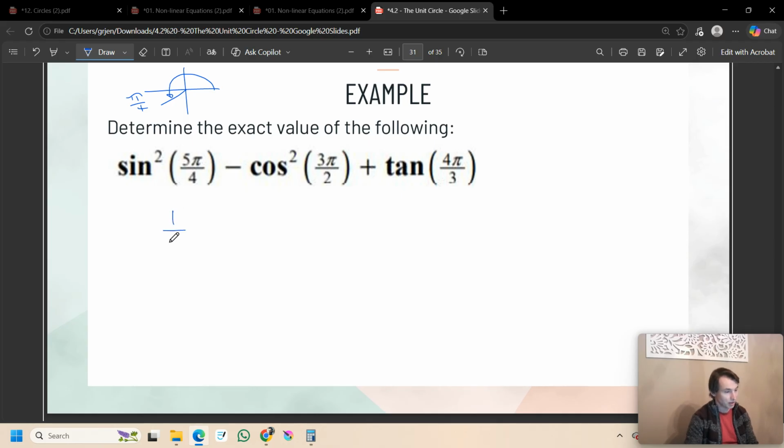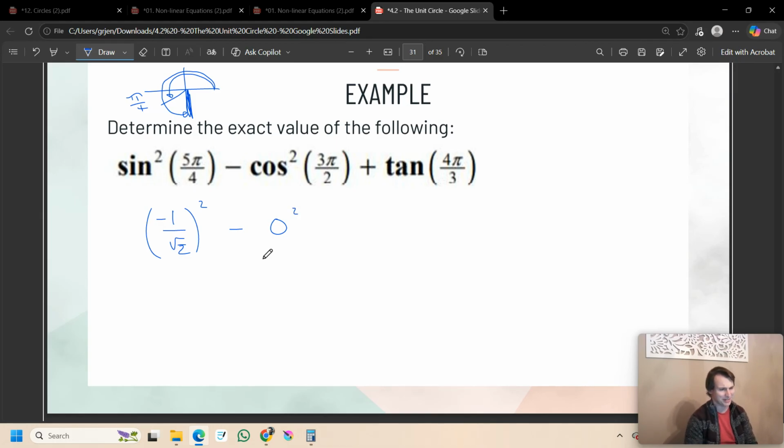So this is 1 on root 2, but it's negative. And we square it. And we have to take away cosine squared of 3 pi on 2. 3 pi on 2 is all the way there. Halfway to 2 pi from 1 pi. So the cosine of that is 0. But don't forget to square it.